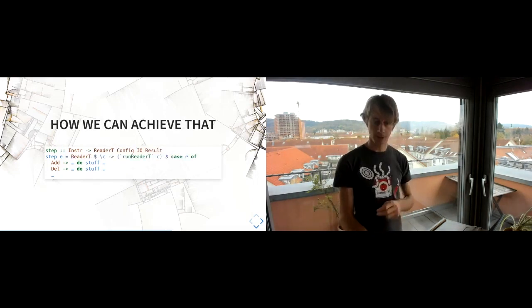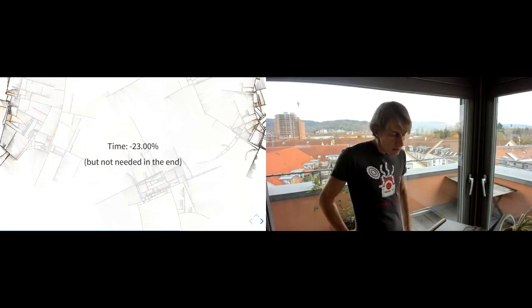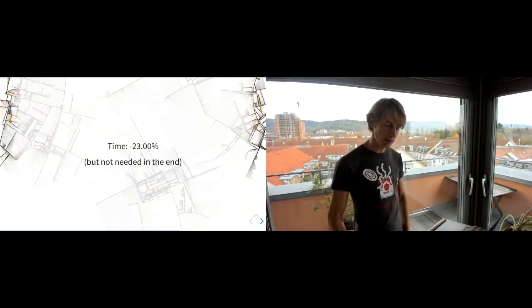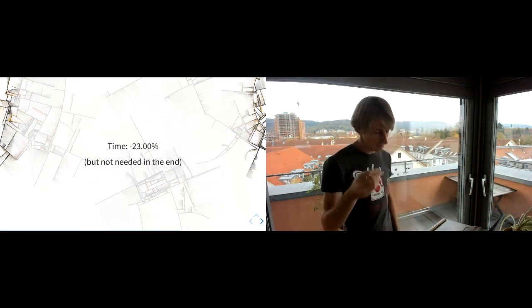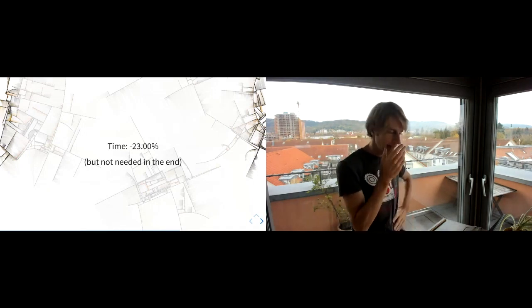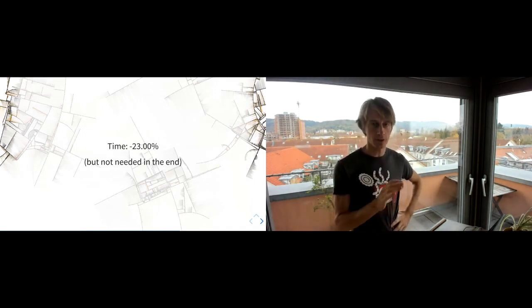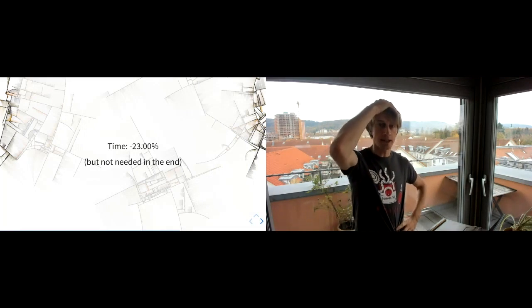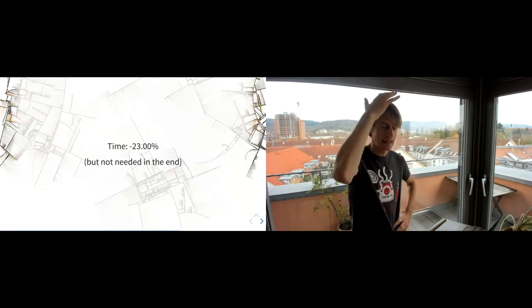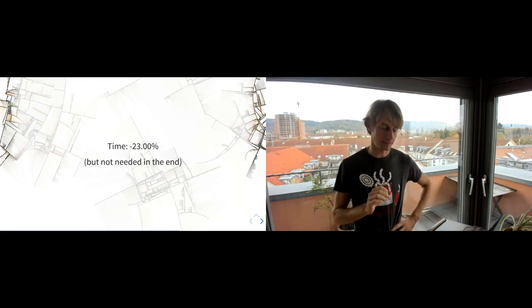So what did we get out of that? Still quite a nice 23% of runtime. So that's quite a lot. As a relief to all of you who are now thinking, oh my God, I'm using ReaderT everywhere, my code is just slow for no good reason, it may not be that bad.